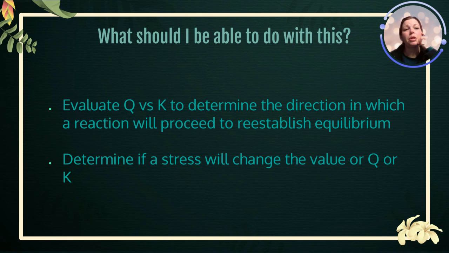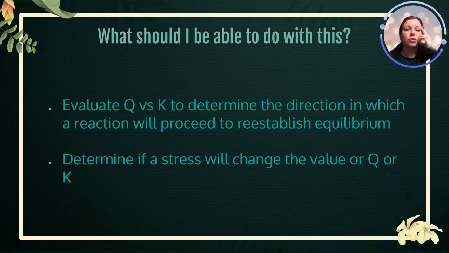Okay, so what should you be able to do with this? Two things. Number one, evaluate Q versus K to determine the direction in which a reaction will proceed to reestablish equilibrium. Generally in this class, you will not have to calculate a new Q. You will need to just be able to think about what we did in the last video with the numerators increasing or decreasing or the denominators increasing or decreasing, and what that does to Q versus K. So you can do it semi-qualitatively, semi-quantitatively.